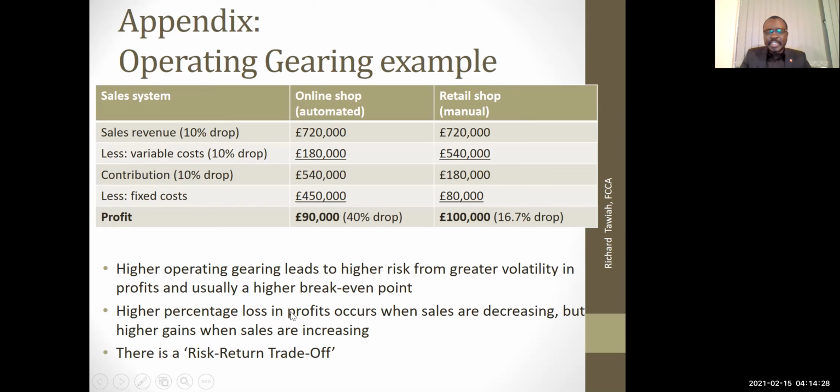A higher percentage loss in profits occurs when sales are decreasing, but also higher gains when sales are increasing. There's always a trade-off between risk and return, so you must always choose. The higher the risk, the higher the return. The lower the risk, the lower the return. We might have heard of this over and over.